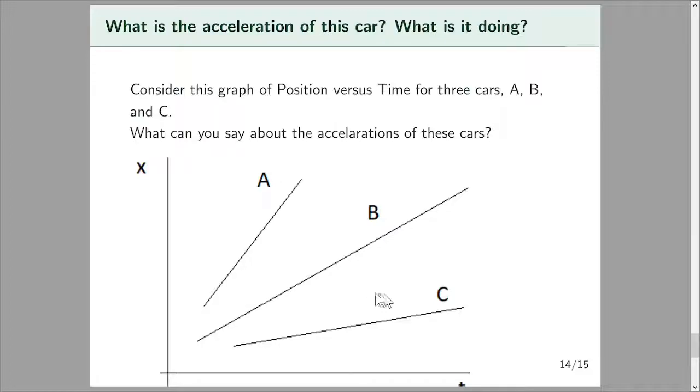Since all of these lines are straight, the velocity is the same all the way along them. This line A, the slope is the same everywhere, so its velocity is the same everywhere, and so its acceleration is 0. If the velocity is constant, the acceleration is 0. So all three of these curves represent objects that have 0 acceleration.